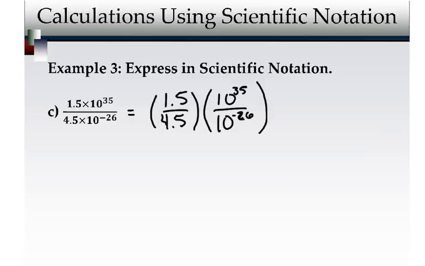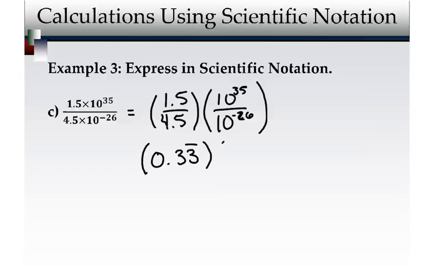Okay. Now we can go ahead and divide the 1.5 and the 4.5, and what you're going to get is 0.33 repeating.